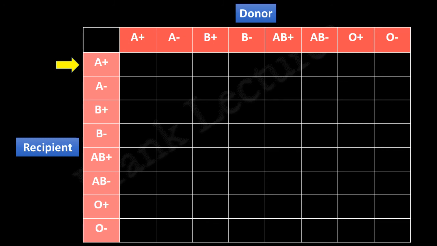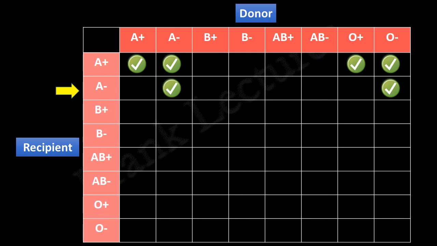Therefore, A-positive recipient can receive blood from donors of blood type A-positive, A-negative, O-positive and O-negative. Coming to recipient of blood type A-negative, we know that Rh-negative can only receive blood from Rh-negative donor. Therefore, A-negative can receive blood from donors of blood type A-negative and O-negative.